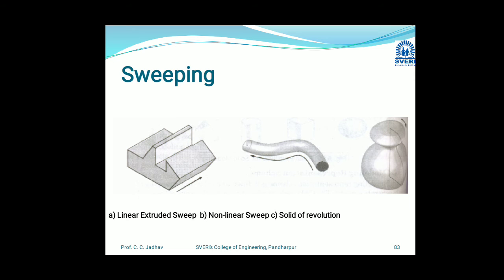Next, sweeping. Now you can see there are three images: linear extrude sweep, non-linear sweep, and solid revolution. In linear extrude, we create some 2D commands, and that is extended or extruded in the given direction, creating the solid geometry. In the second, non-linear, we can create any curve in any plane, and just give a sweep command, and that will create a solid model.